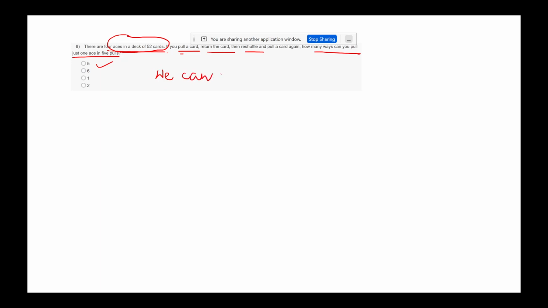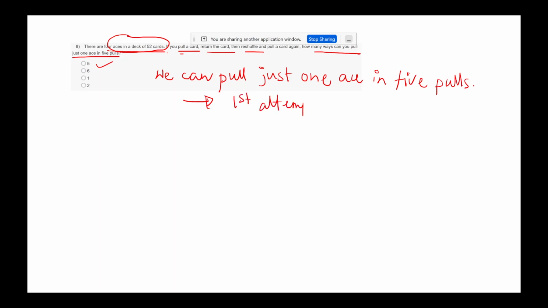We can pull just one ace in 5 pulls in the first attempt, or second attempt, or third attempt, or fourth attempt, or fifth attempt.